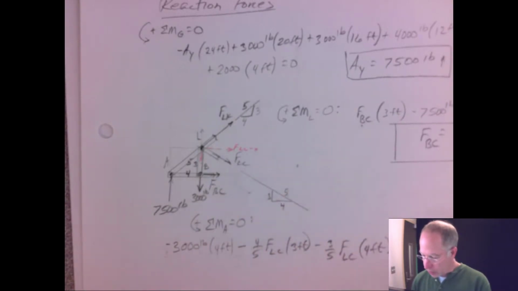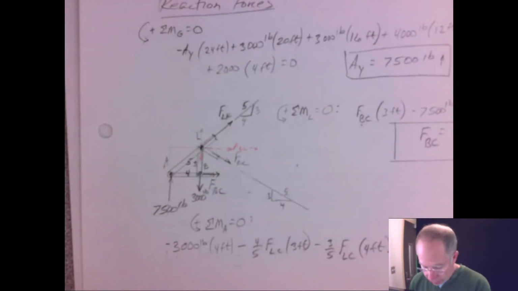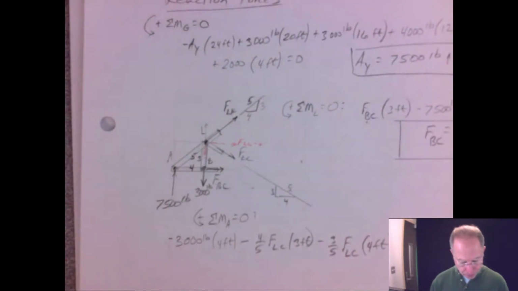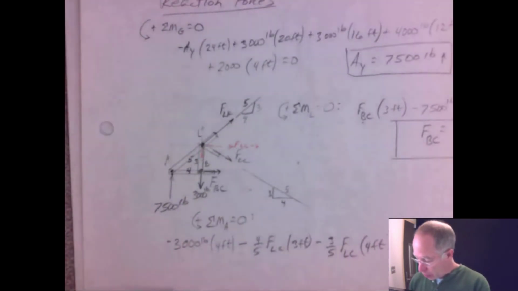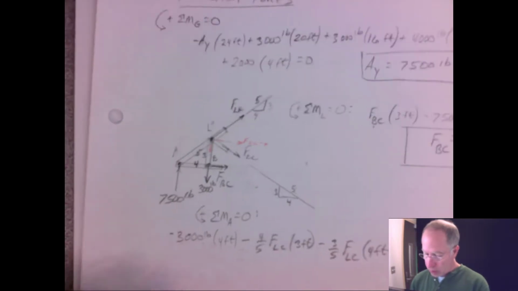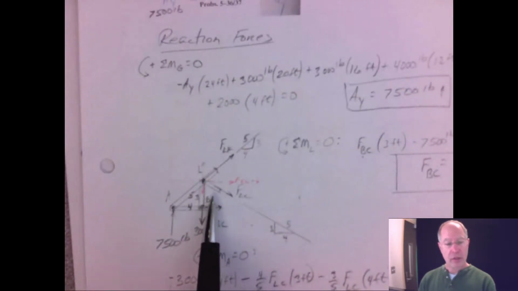We can solve directly for FLC, and when you do the math, you end up with a negative number, a negative 2,500 pounds. So we assumed that FLC was positive tension, and came up with a negative.